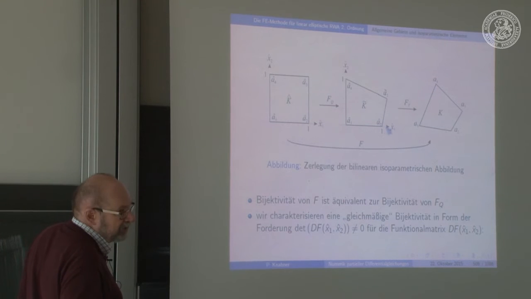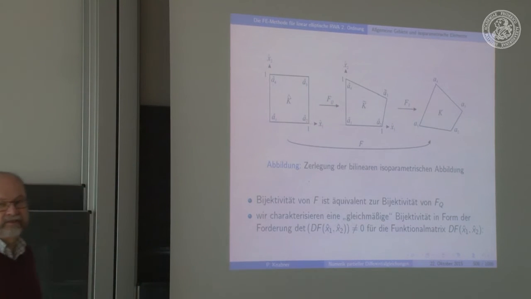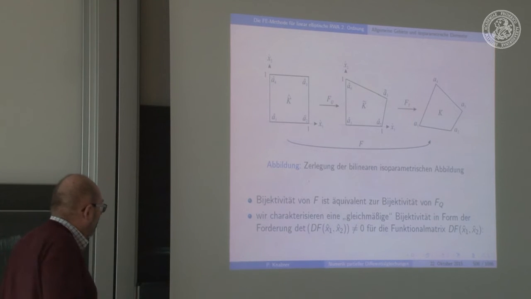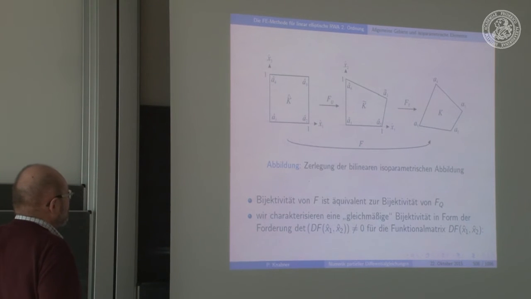And if we could do this, then we can go further to complete the whole thing just by this affine transformation. So we only have to look now for the existence of the FQ and characterize where the FQ exists as a bilinear transformation. So if we do this decomposition, of course, this F is bijective if and only if this FQ is bijective.